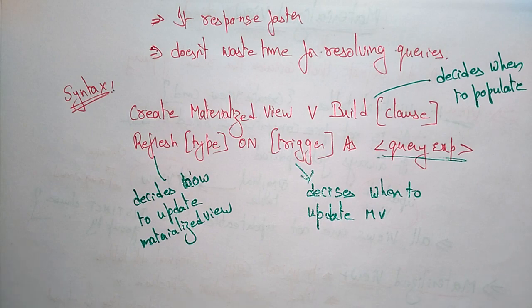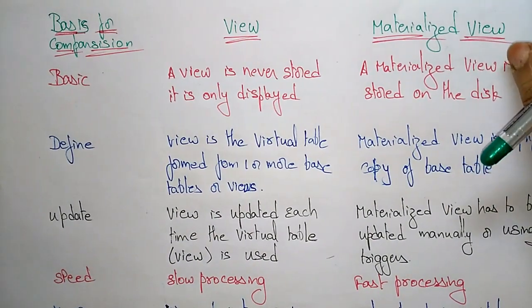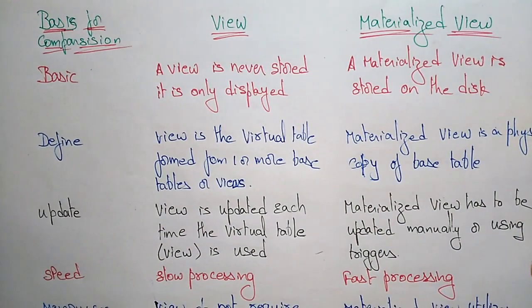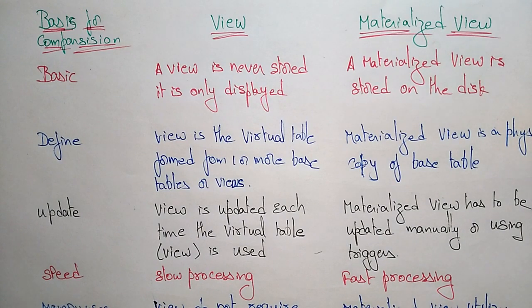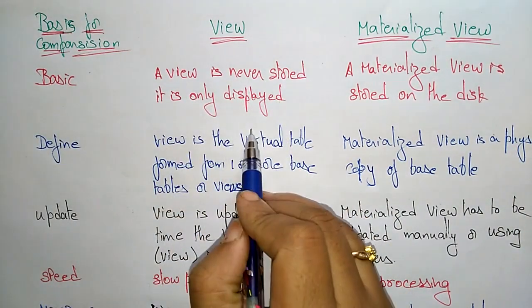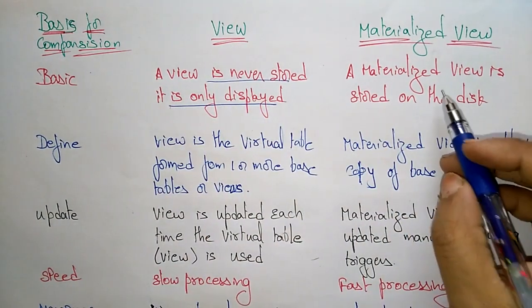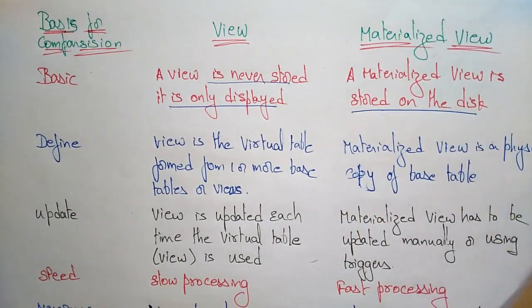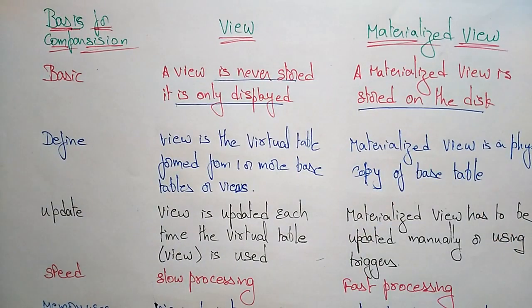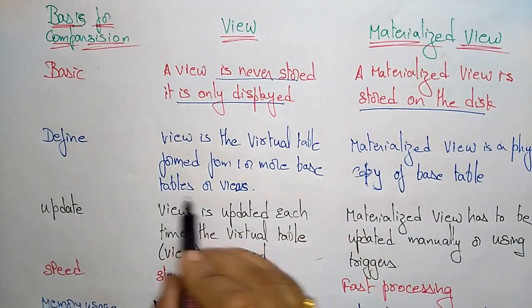Let us see the difference between a view and a materialized view. This may be helpful for you in the exams. First, the basic comparison. A view is never stored, it is only displayed, whereas a materialized view is stored on the disk. Coming to definition, a view is a virtual table formed from one or more base tables or views.